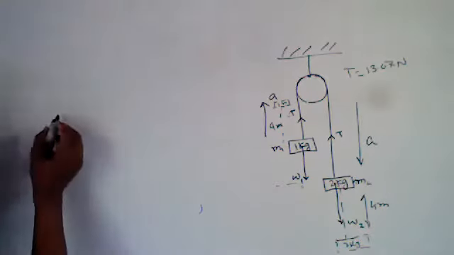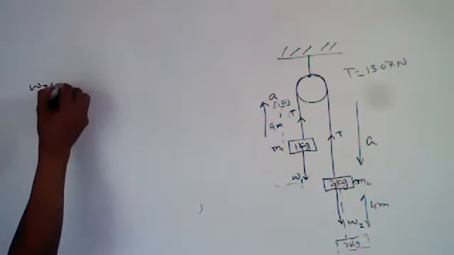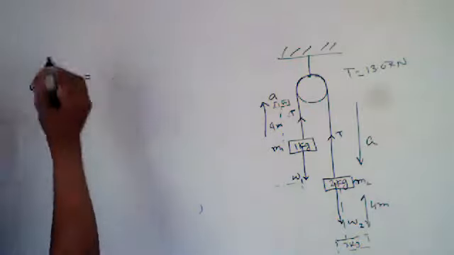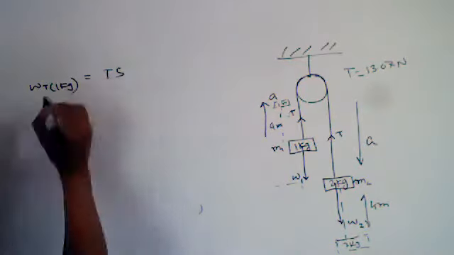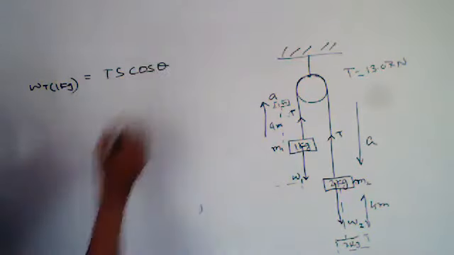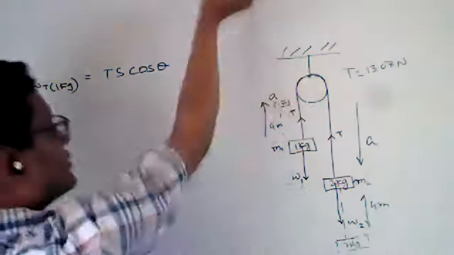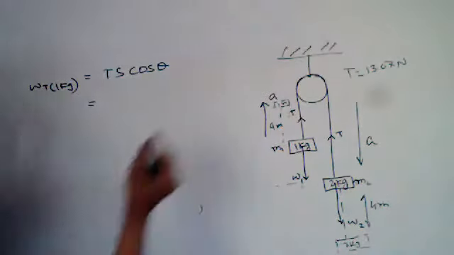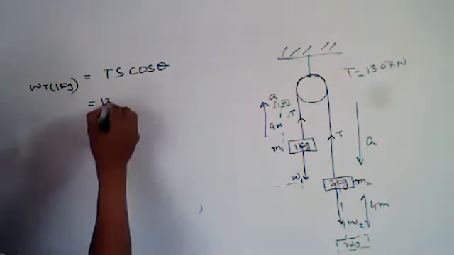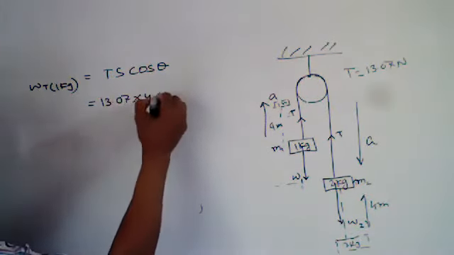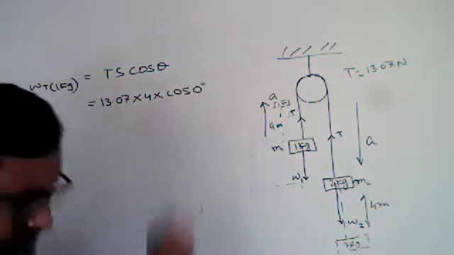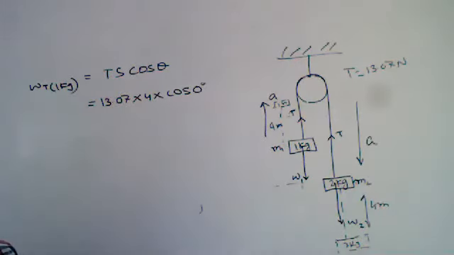So work done by tension force on 1 kg equals tension times displacement times cos theta. Here the tension is in the upward direction. We know tension force is 13.07 and displacement 4, cos 0. In this case, cos 0 is 1.